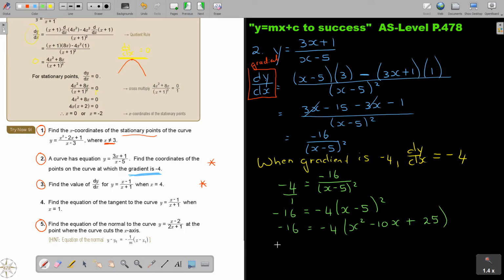And that is just going to give me negative 16 equals negative 4x squared plus 40x minus 100. And if I take it over, I'm going to get negative 4x squared. I can now make it positive. Plus 40x. And if I subtract that 2, I'm going to get negative 84.